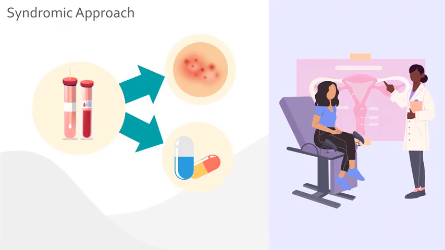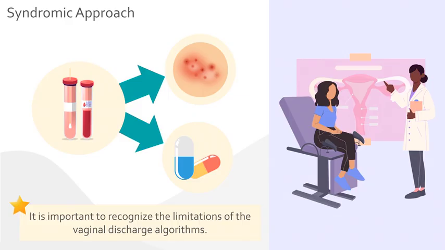Syndromic management for urethral discharge in men is a valid, feasible, simple, and cost-effective method to adequately treat large numbers of infected people. However, it is important to recognize the limitations of the vaginal discharge algorithms, particularly in the management of cervical gonococcal and chlamydial infections.